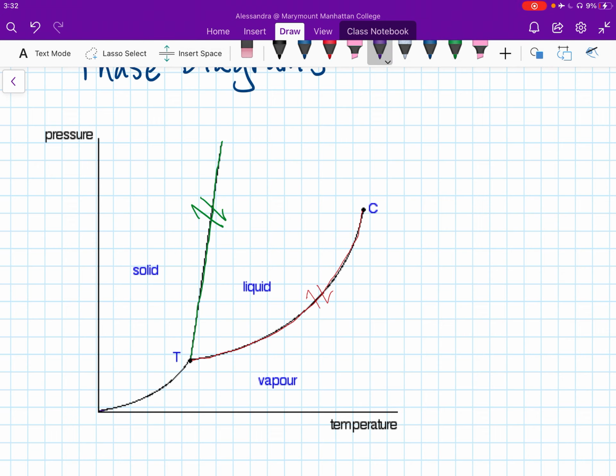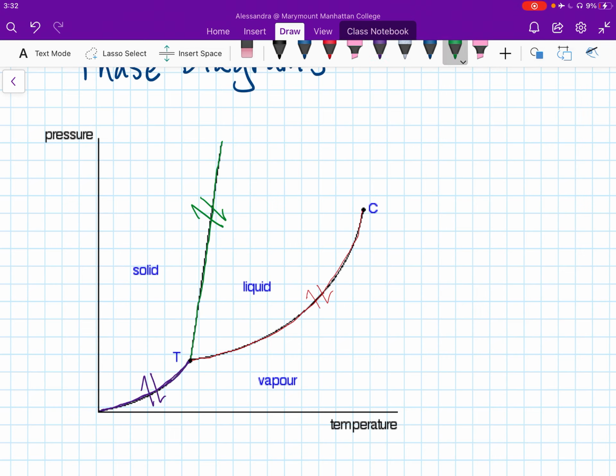And then anywhere along this line here, I would be in equilibrium between the solid and the gas phases. So that of course corresponds to sublimation. Okay, so along this purple line here, that is where I have sublimation. Okay, the equilibrium between solid and gas.